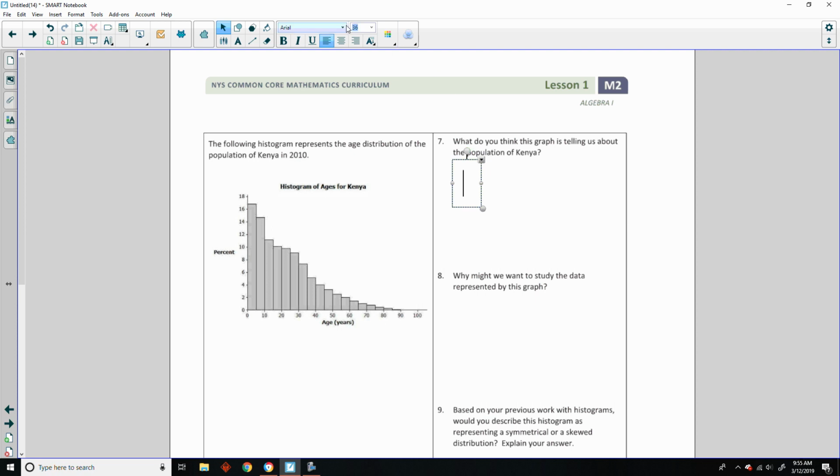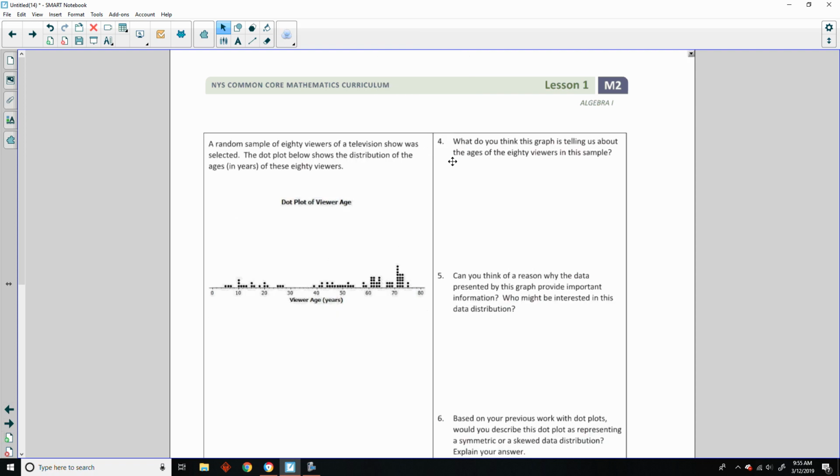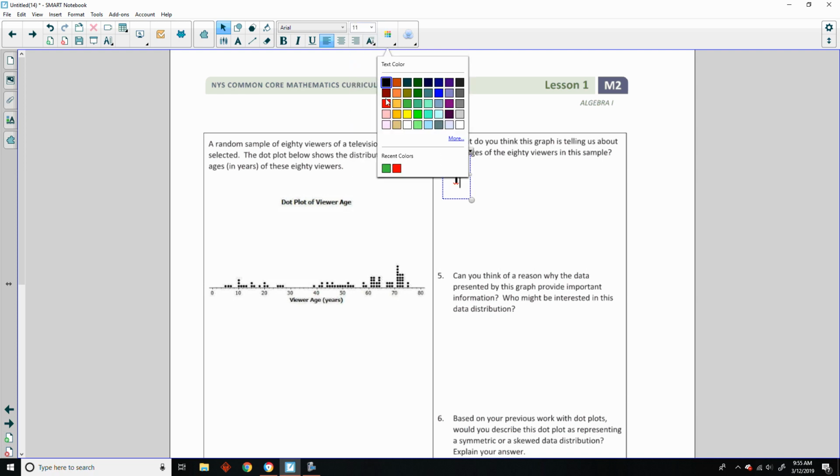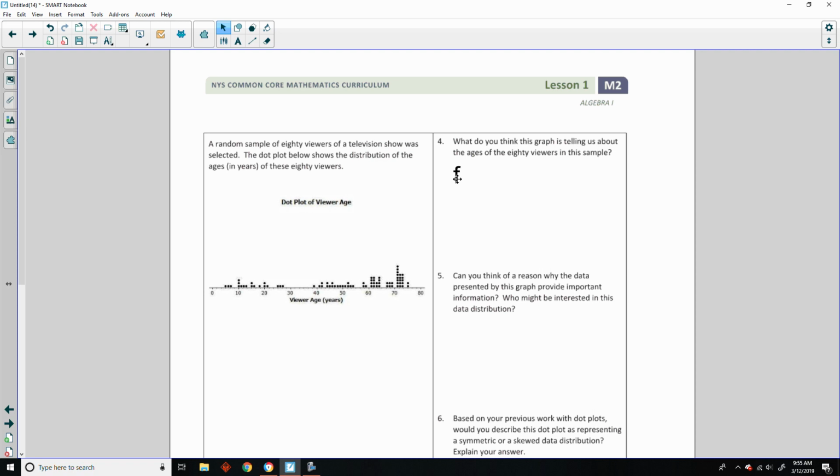Okay, so let me switch to 11 and red. Okay, so I would say that, oh, what happened? I think I changed pages when I hit enter. Give me a second here. Okay.